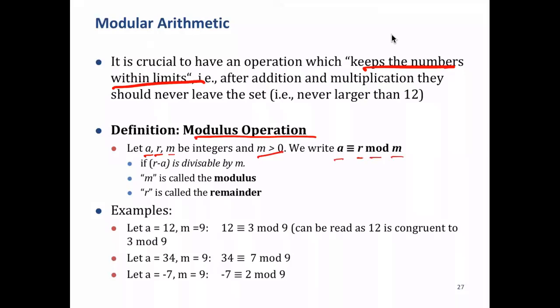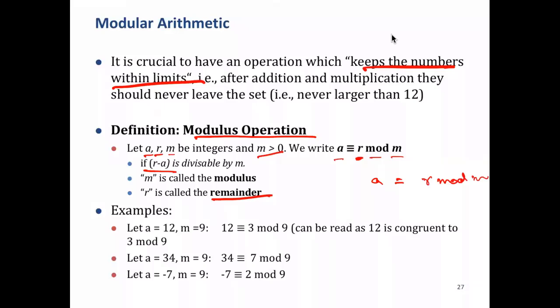Sometimes you use a is equal to r mod m. Now r actually is the remainder, and then r minus a should be divisible by m. That's the condition. Then we can write it in this way.